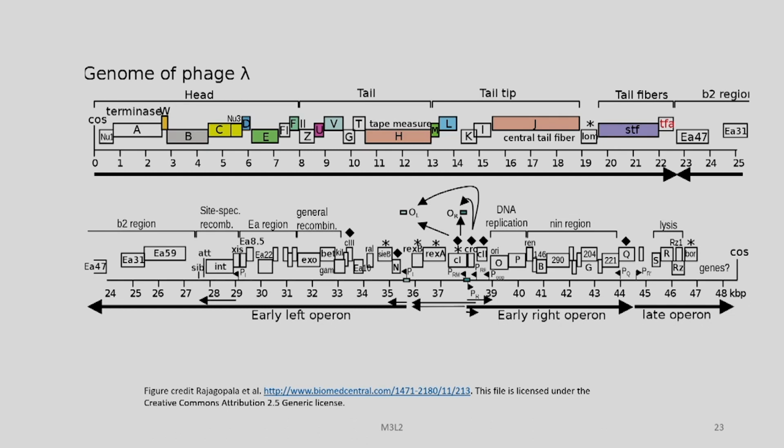And here you can see the location of the site specific recombination and the ATT sites as well as the integrase and the XIS. So, these maps give us an idea that all these elements required for site specific recombination are under the early left operon.